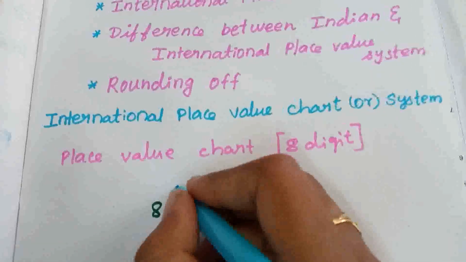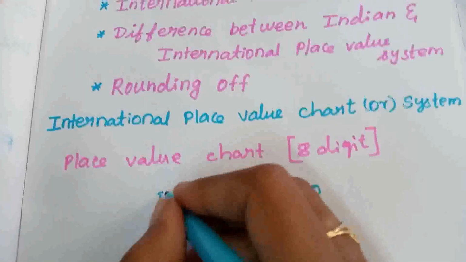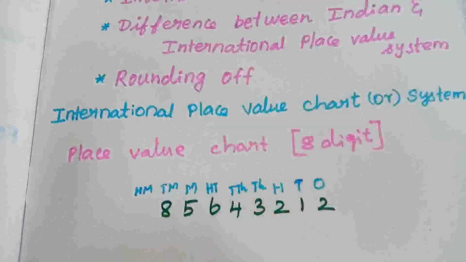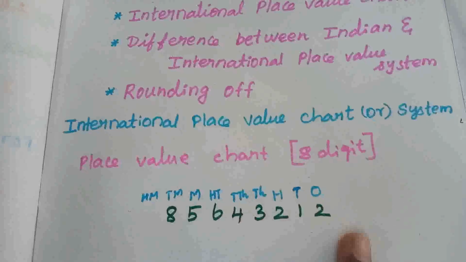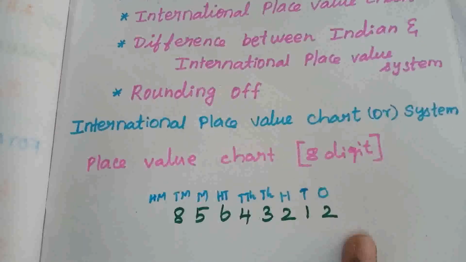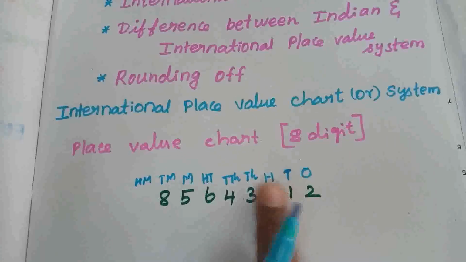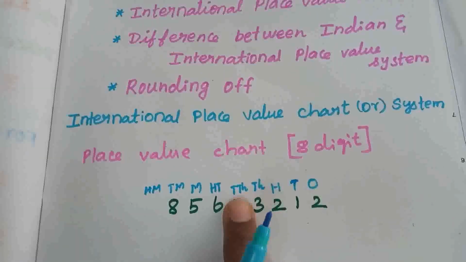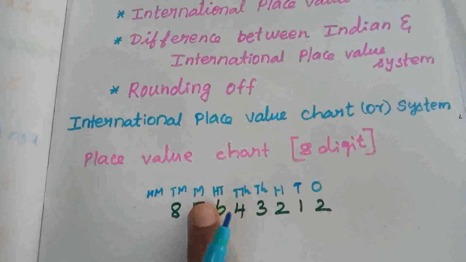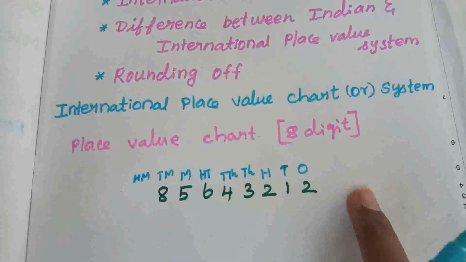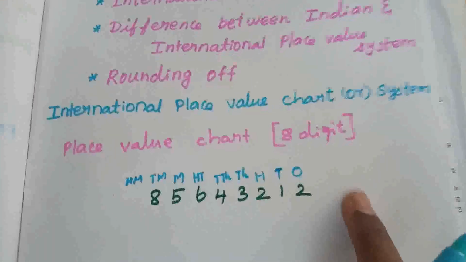Next one million, ten million, last one hundred million. So this is the international place value system: ones, tens, hundreds, thousands, ten thousands, hundred thousands, million, ten million, hundred million. This is called the international place value system.